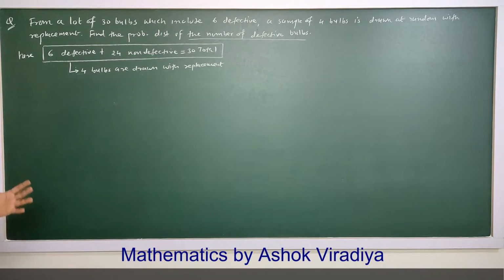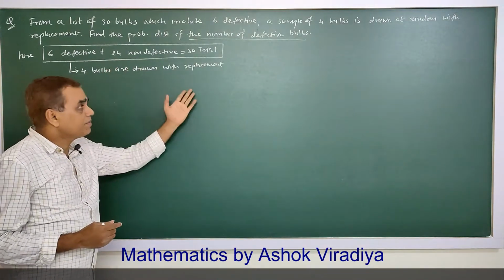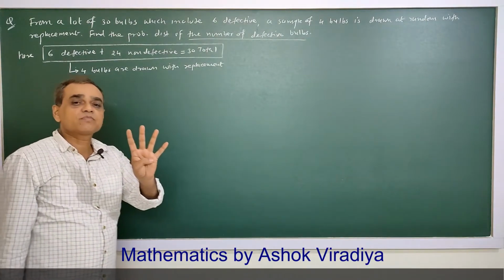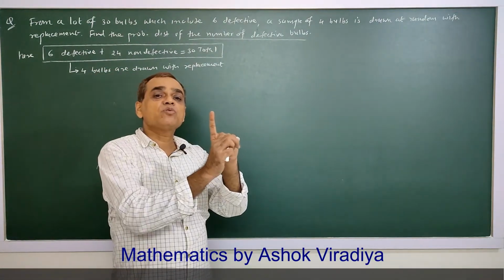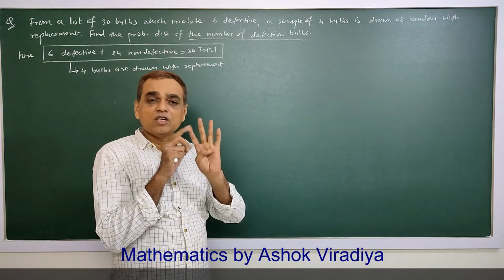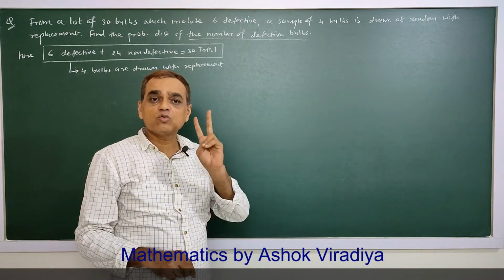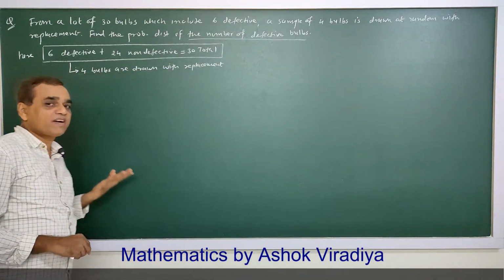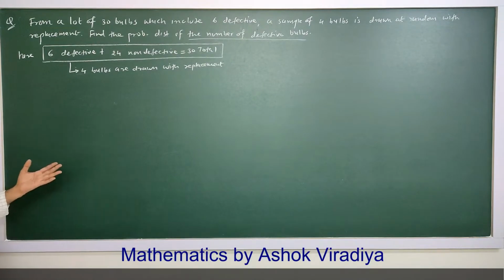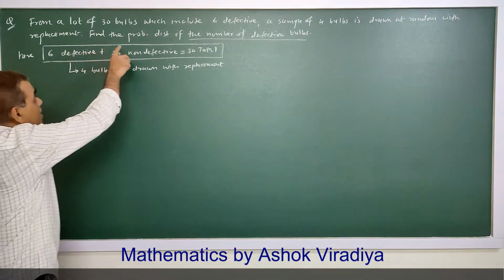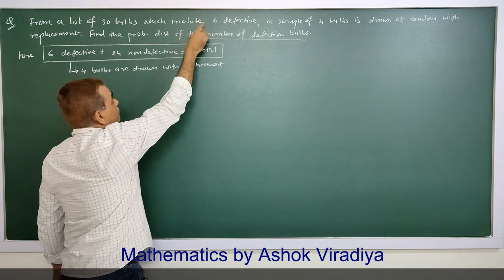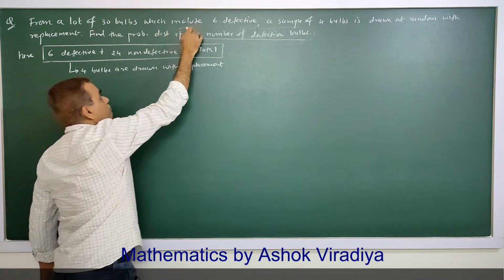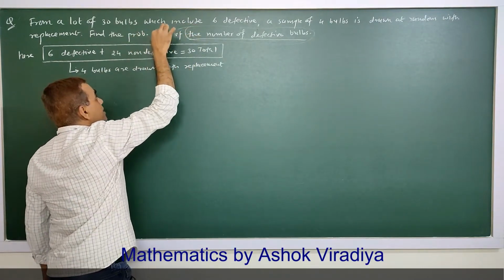So when we take 4 bulbs with replacement, all 4 bulbs can be defective, or 3 defective and 1 good, 2 defective and 2 non-defective, or 1 defective and 3 non-defective. So these are the possibilities.